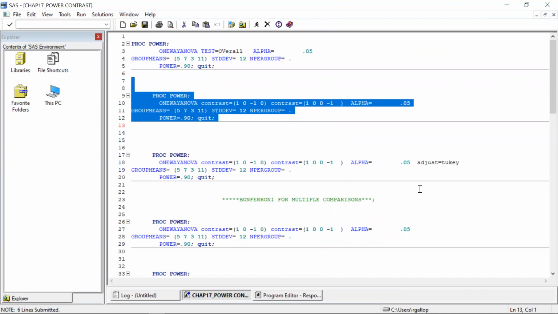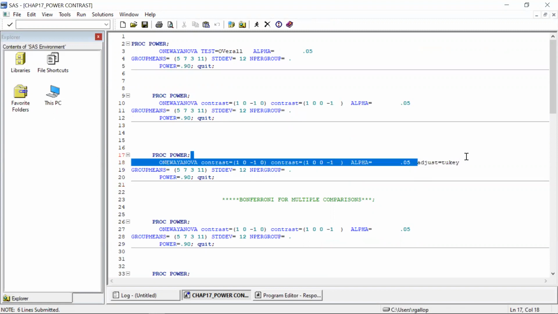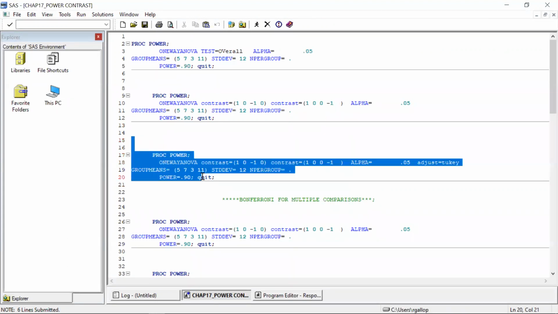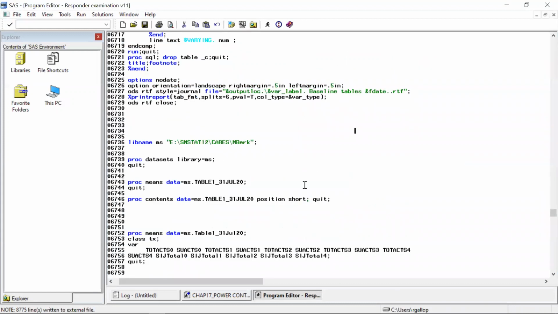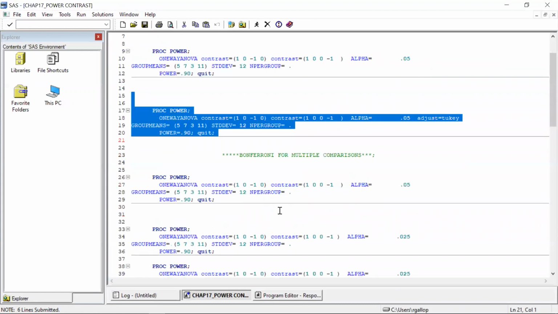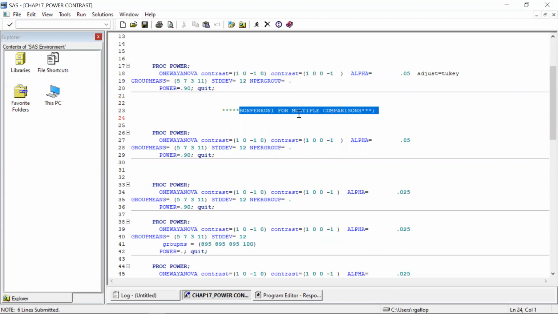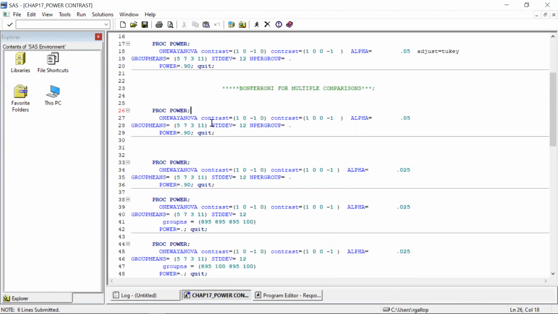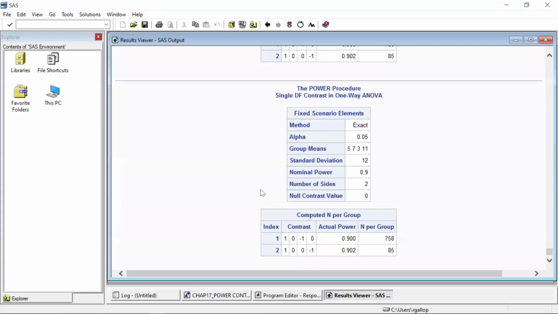If I want to adjust for multiple comparisons, you can see the adjust option is not blue. So PROC POWER is not going to like this adjustment, as you see in the command. The only way to adjust the power of contrast for multiple comparisons is through the Bonferroni approach, right? So if I go here with those two contrasts, alpha equal 0.05 is unadjusted.